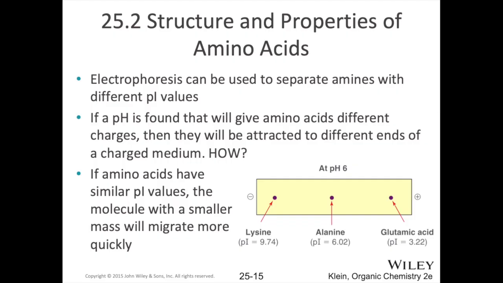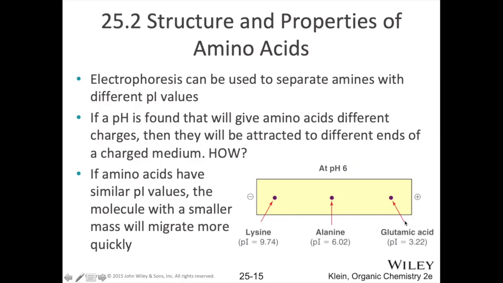All right, so you can see this example here with three amino acids of different isoelectric points. We're doing this at a pH of 6, and alanine is basically at its isoelectric point, so it stays in the middle here. Whereas glutamic acid has an isoelectric point of 3.22, and this pH is above that isoelectric point, which means that, relatively speaking, this pH seems basic compared to this pI.